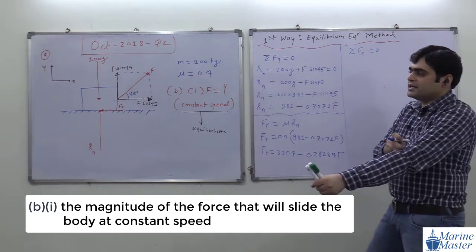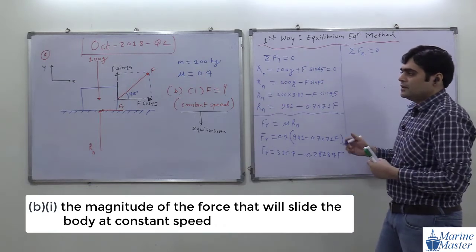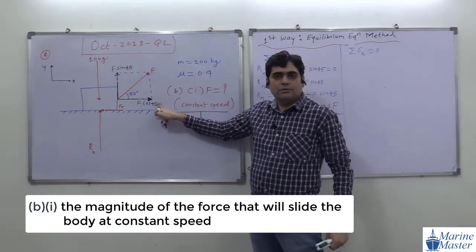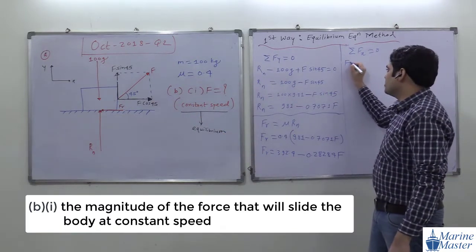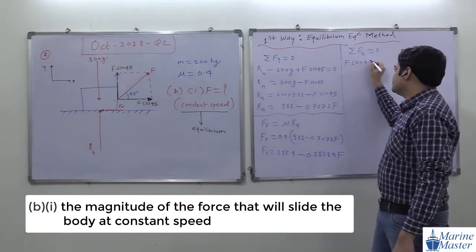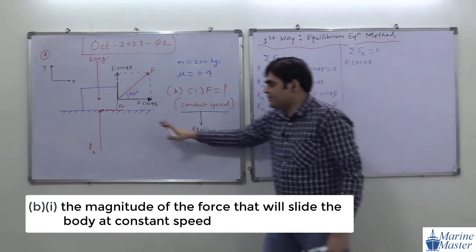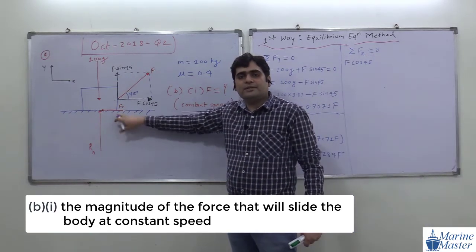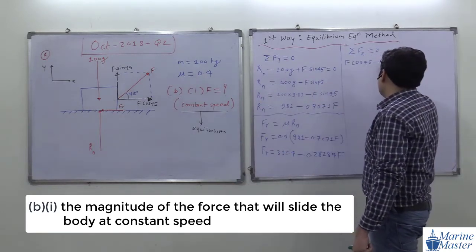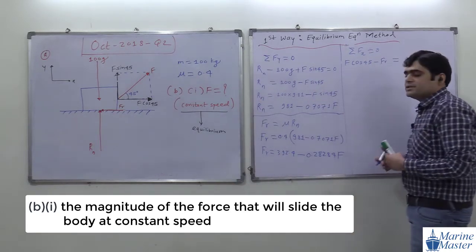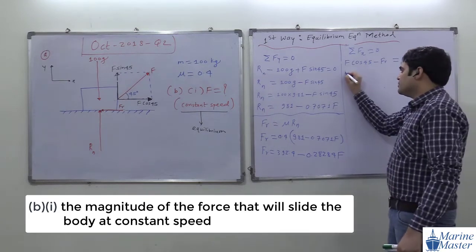So summation of forces in X direction. What are the forces here in X direction, guys? First of all, this F cos 45, the component of F, is positive. So F cos 45. Then what about this Fr? Negative. So minus Fr is equal to 0.